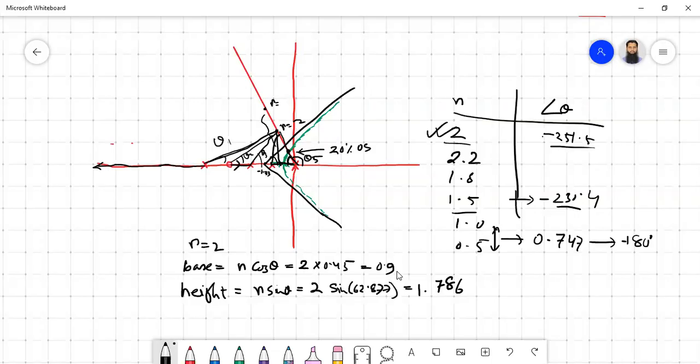So what is our formula? The formula is very simple. The summation of the zero angles minus the summation of the pole angles has to be equal to an odd multiple of 180 degrees. So here only theta 2 will be positive, rest of them will be negative.